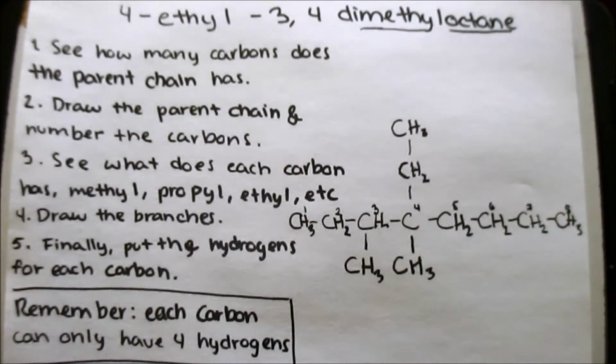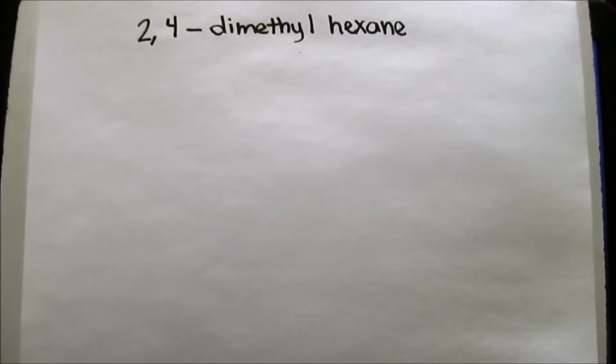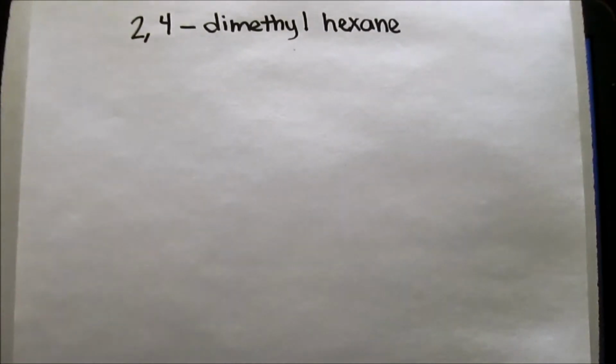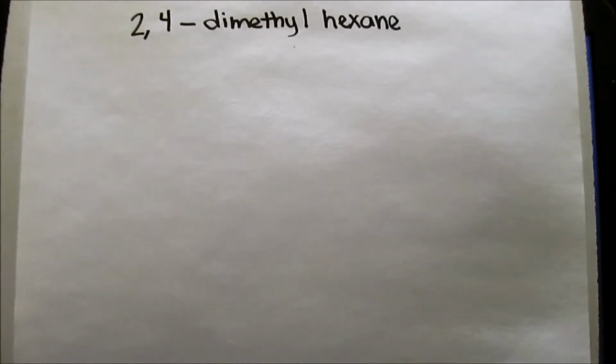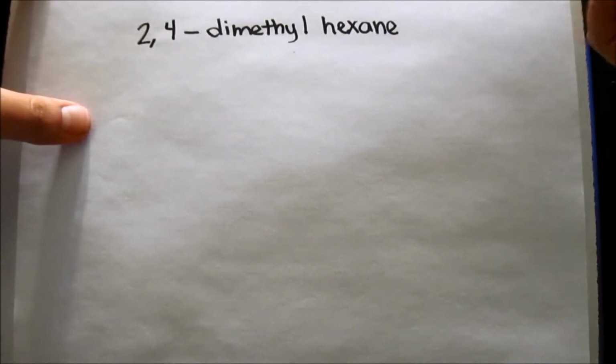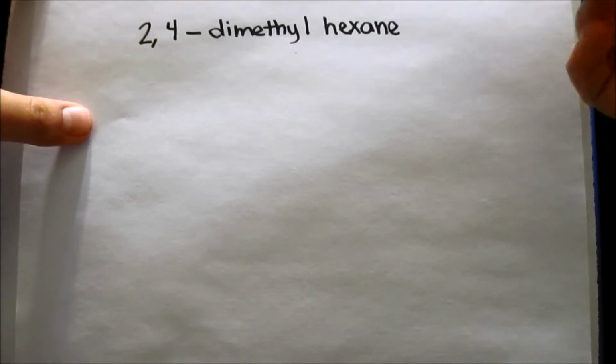Let's see another example. Okay, so step number 1, we see how many carbons the parent chain has.